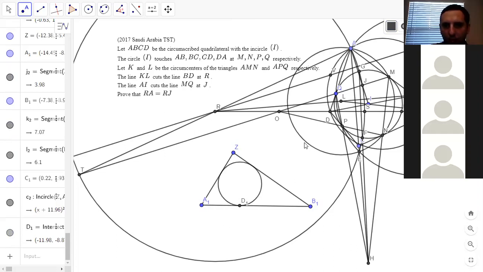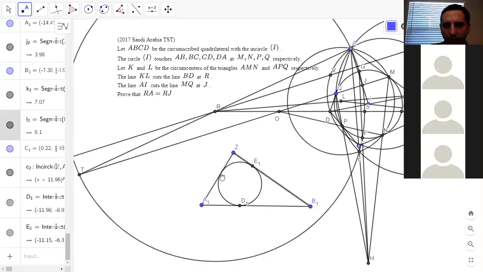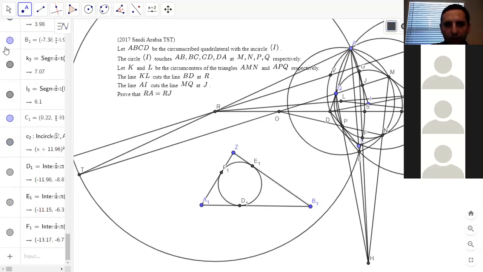So we have AMN. So then it would be the circumcircles of ZED1 and ZFD1. Oh, yeah, then it would be very symmetric. Interesting. I'll have to think about it later. Anyways, I think I'm going to stop here.